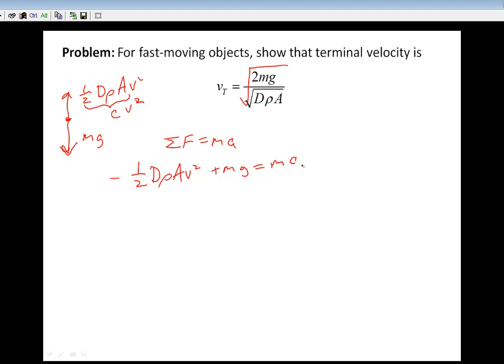But then again, at terminal velocity, acceleration becomes 0. So I can solve this equation to become v is equal to the square root of 2mg over d rho a.